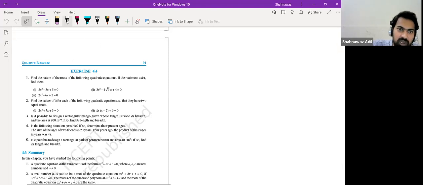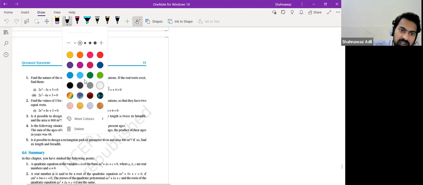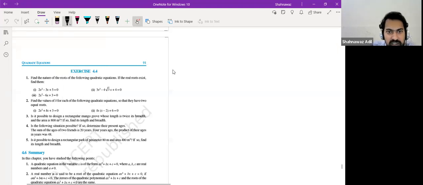Okay. So to check for real roots, what are the conditions that give real roots? One is that D is greater than 0. This gives roots that are real and unequal.